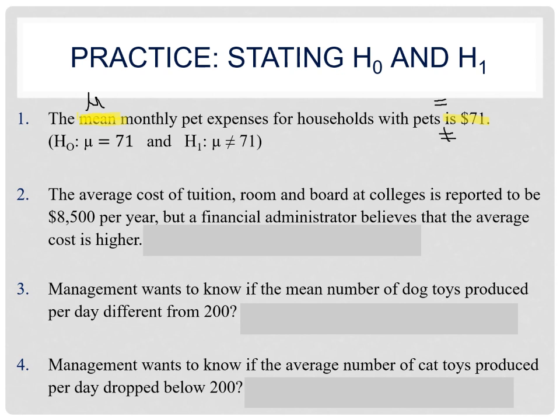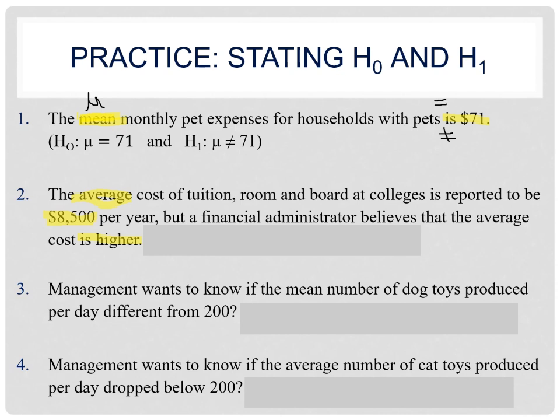The average cost of tuition, room and board, is reported to be $8,500 per year. So right now, they believe the average is $8,500 per year. But a financial administrator believes the average cost is higher. So our goal is to test these statements.